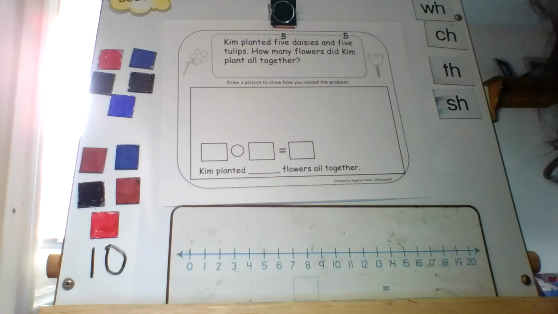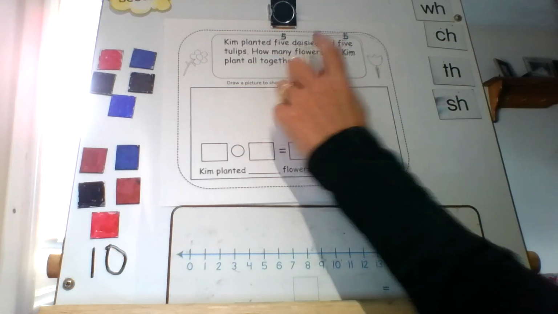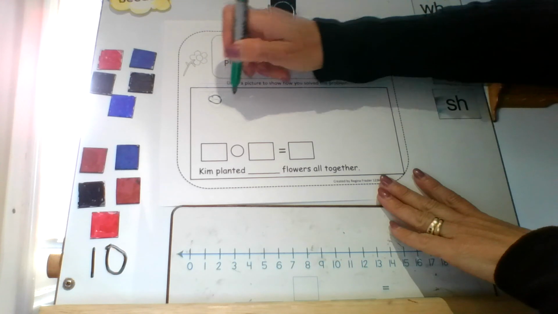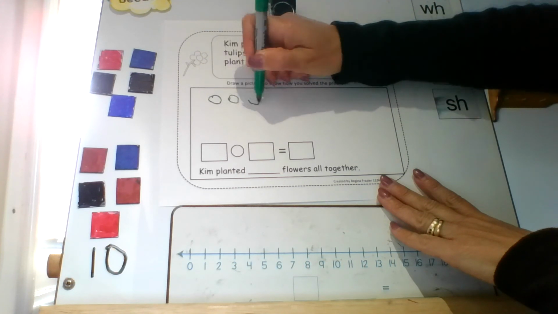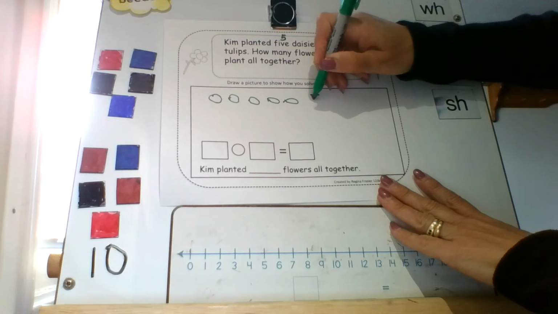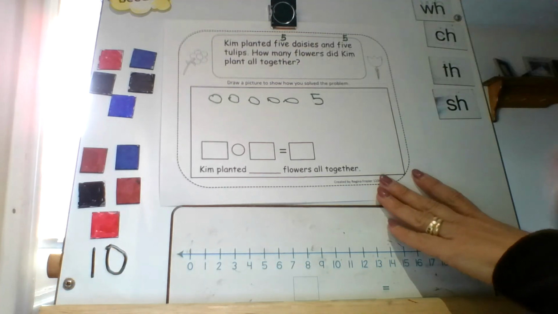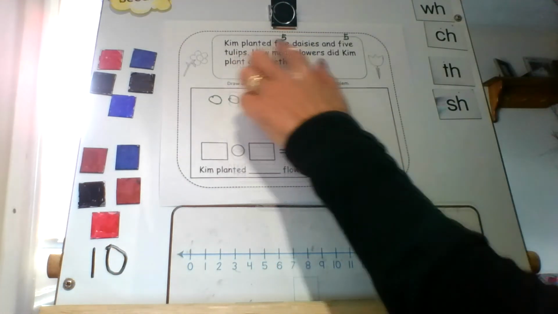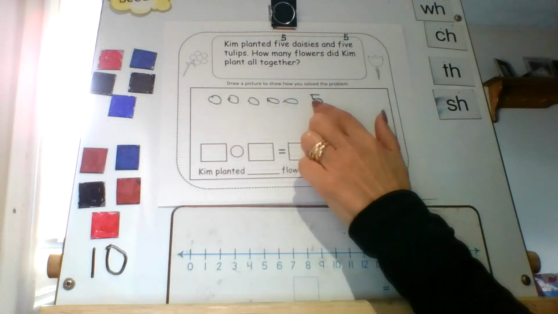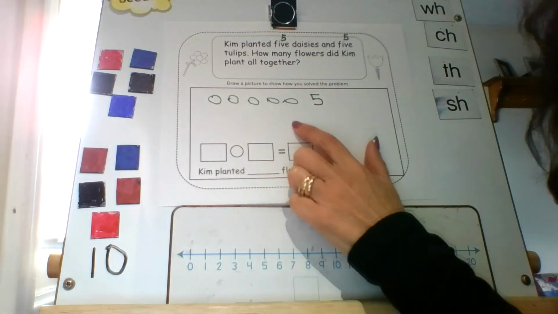So we're going to start with 5 daisies. So draw your 5 circles and don't forget to label it. Try to be as neat as you can and make those numbers go the right way. 5 daisies and 5 tulips. So here's 5 daisies. I need 5 tulips.